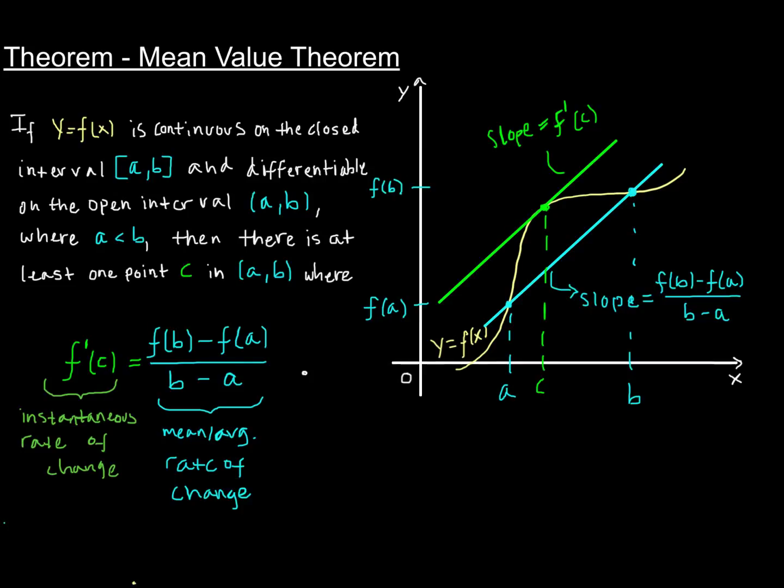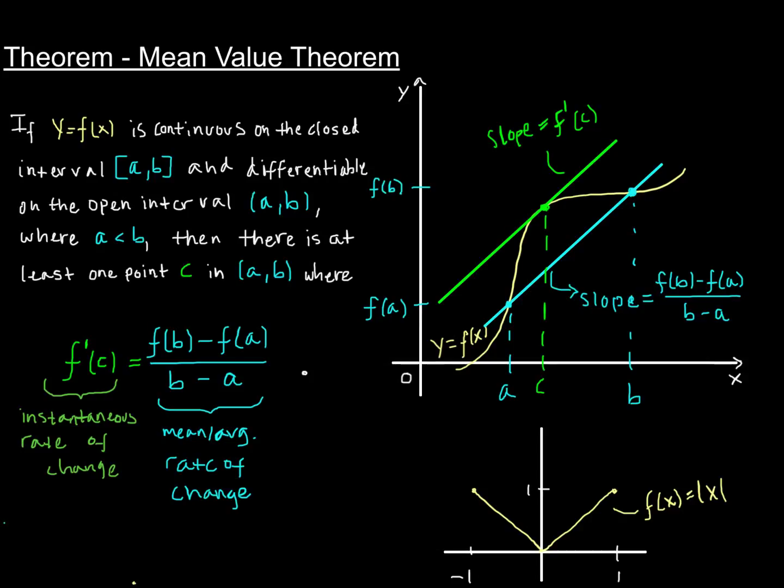Now, before we go and apply this, I want to take a look at an example that illustrates why it's so important that all these criteria are met beforehand, and what happens if they're not. So let's take a look at the absolute value of x, the absolute value function.